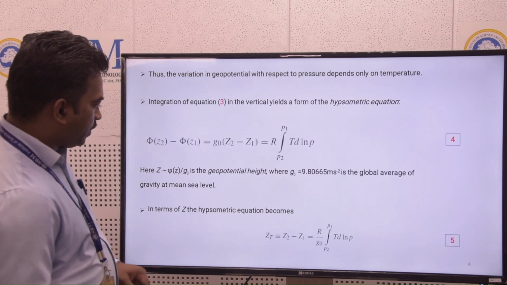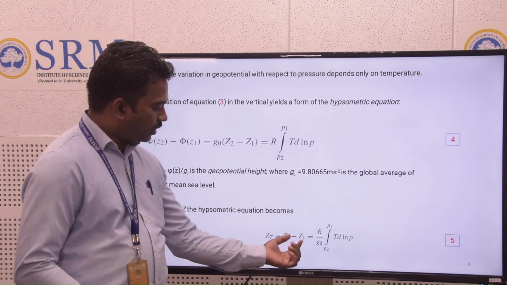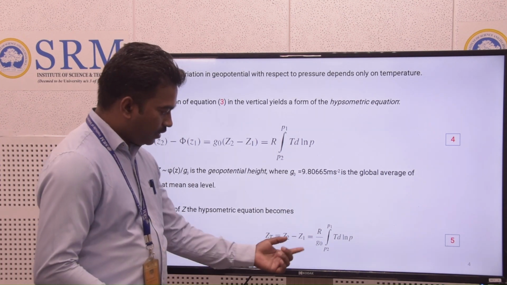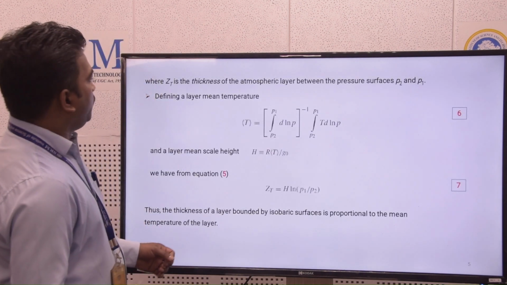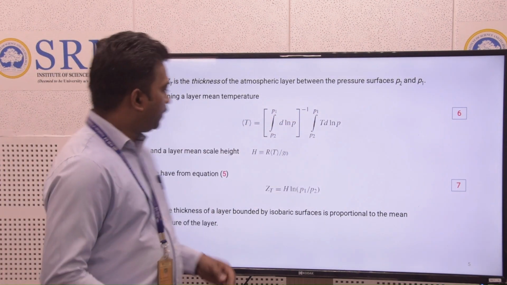If we calculate Z2 minus Z1, we obtain the thickness of the atmospheric layer between the pressure surfaces P2 and P1.